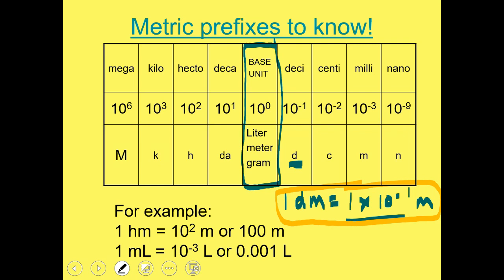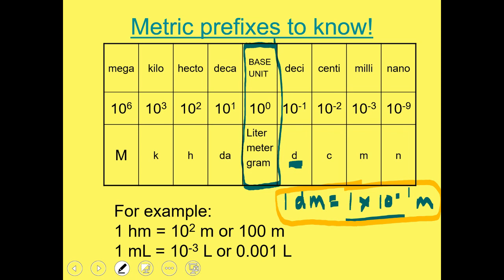You've got centi, and a centigram is 1 times 10 to the negative 2 grams. A centiliter is 1 times 10 to the negative 2 liters. You've got milli. A millimeter, mm, is 1 times 10 to the negative third of a meter. A milligram is 1 times 10 to the negative third of a gram.